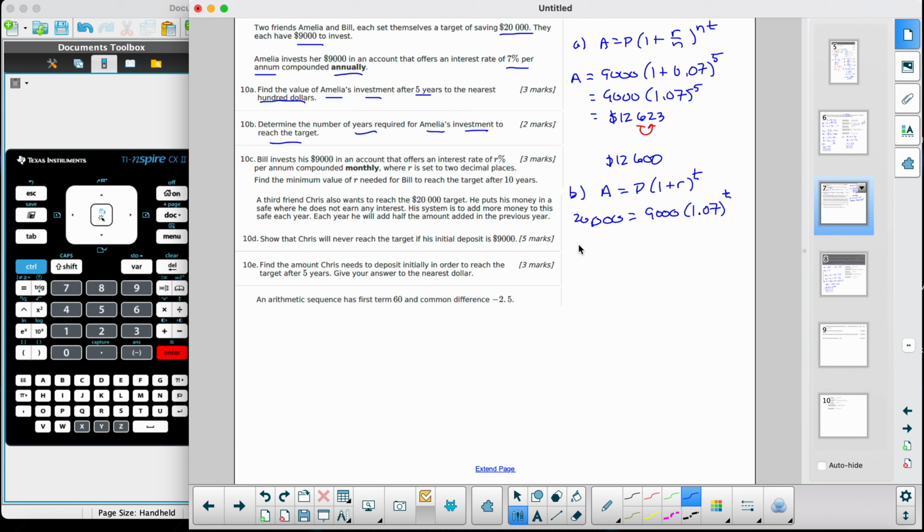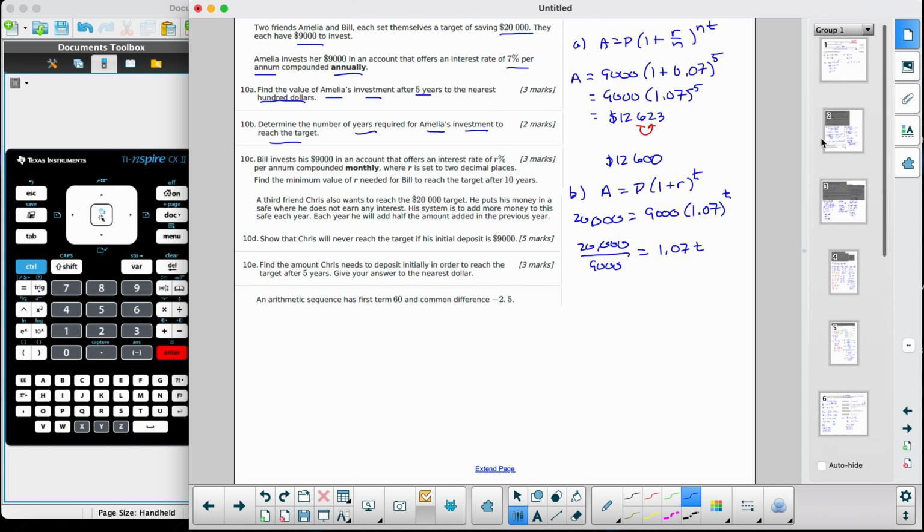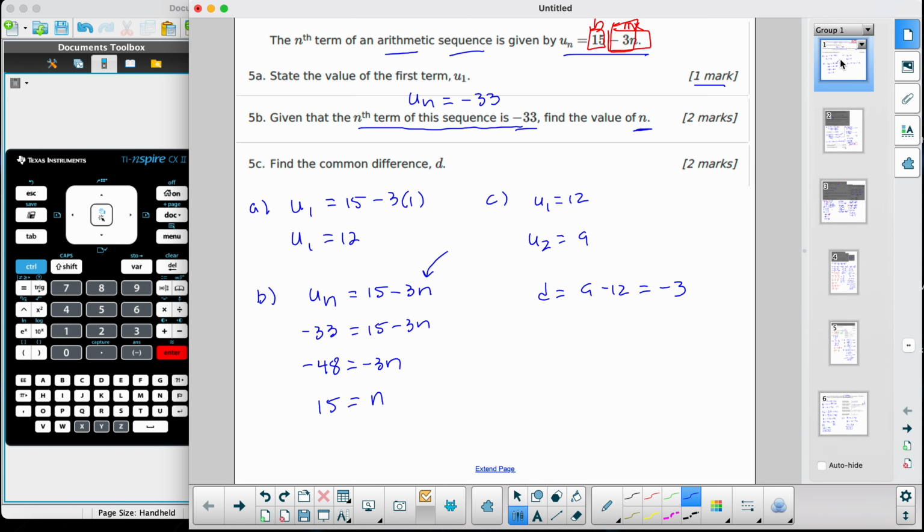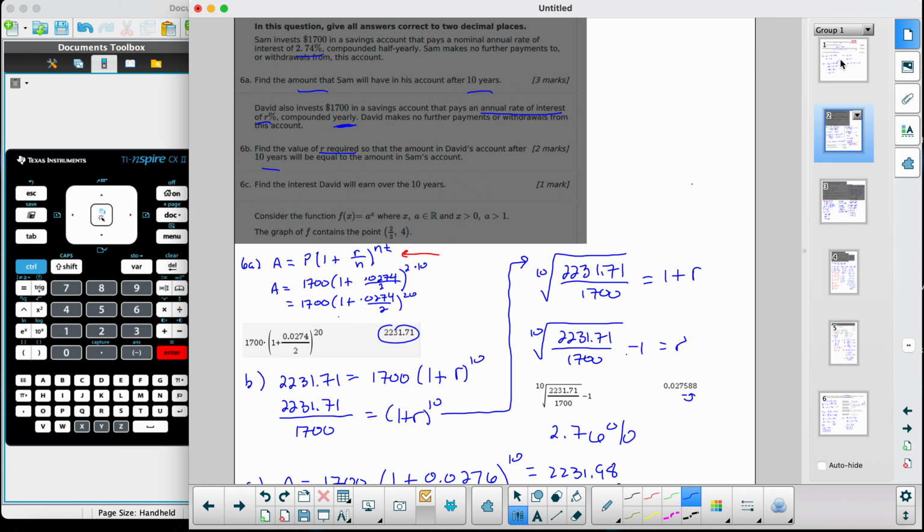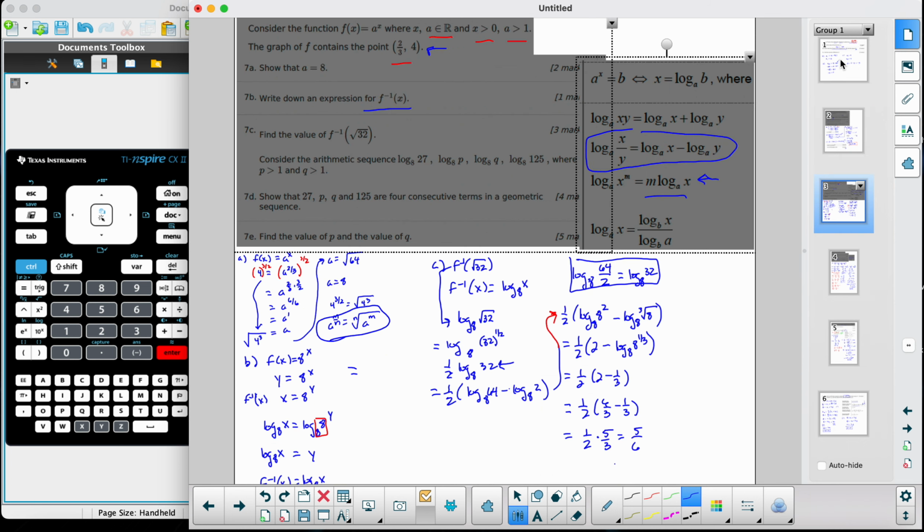So we would divide by 9,000. 20,000 over 9,000 equals 1.07 to the T. Now, we could totally graph this, but I'm going to show you a quicker way if we use logarithms. You have your rules, and this is an easy one.